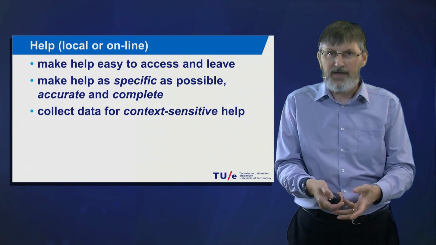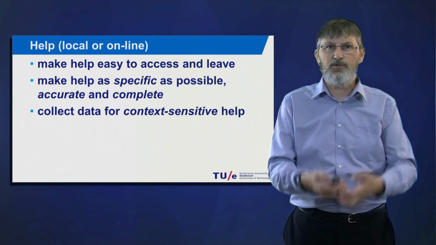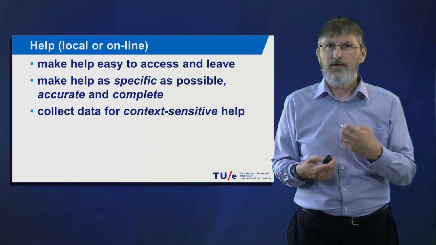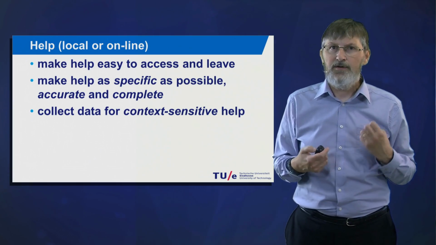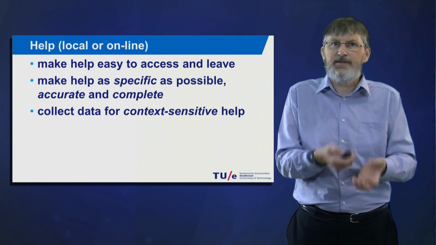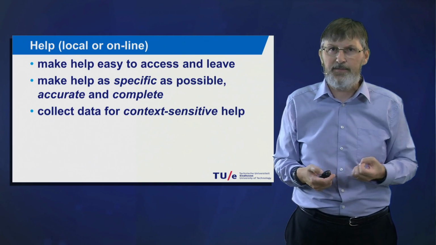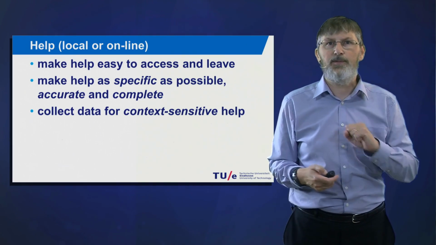In order to do that, help systems may need to collect data not only from you, but also from other users to better recognize situations, context, and provide help that really applies to the problem that you have.